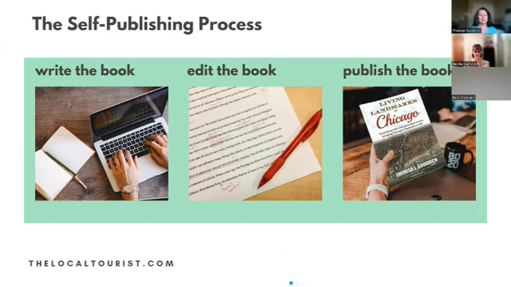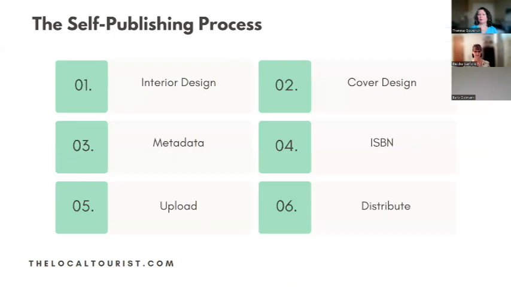Okay. Now we're going to go into the publishing process. I mentioned earlier the interior design is a big part of publishing the book. So you've written your manuscript, it's edited, and you're ready to turn it into a book. This is what you're going to do to get to that finished product. The first part is going to be your interior design.